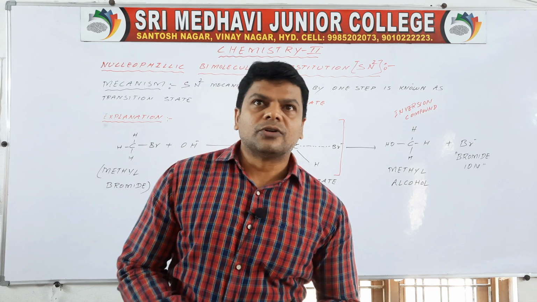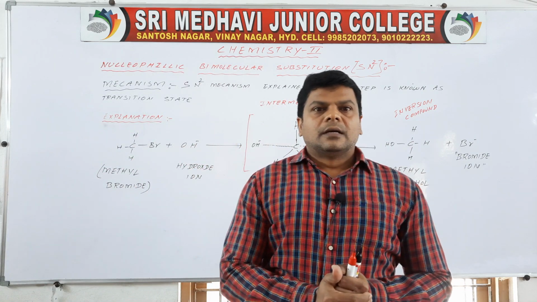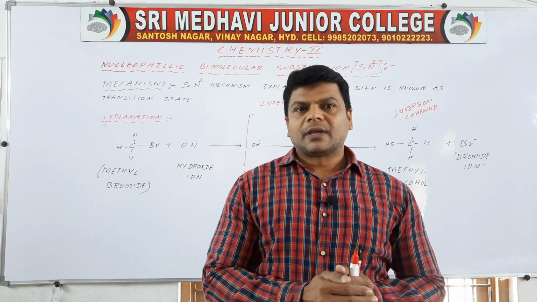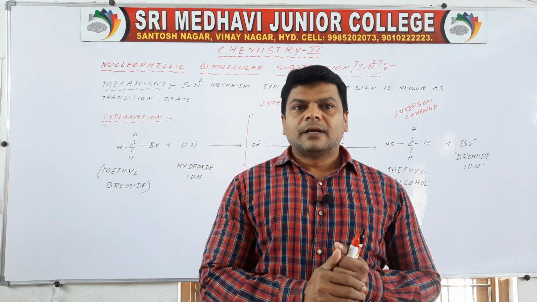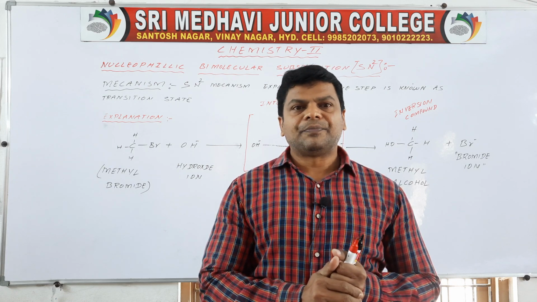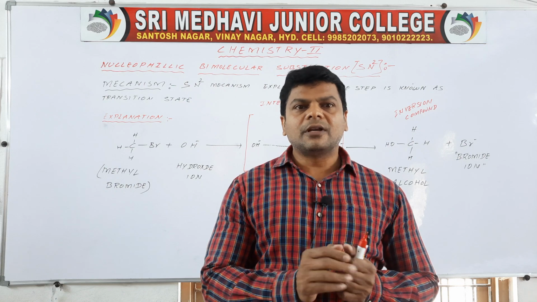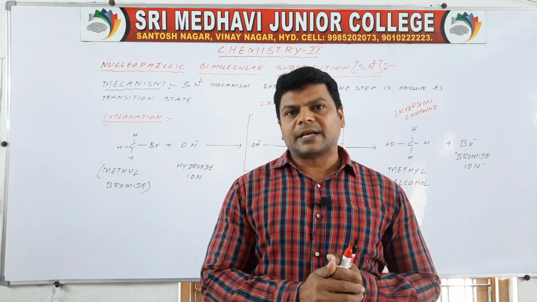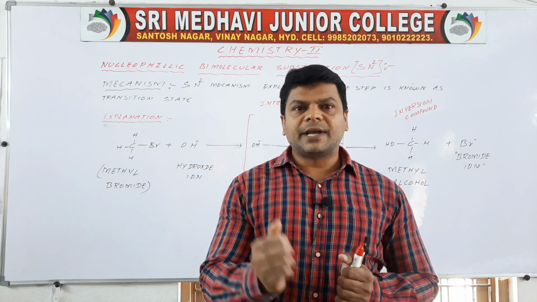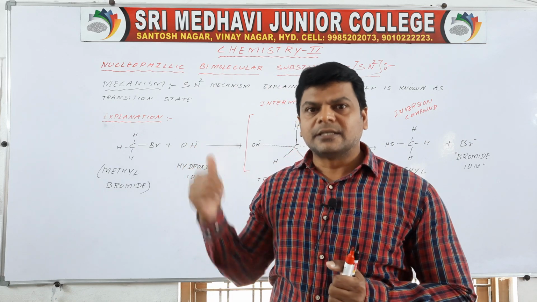So here you have to know, students, nucleophilic substitution reactions are of two types. SN1 reaction, nucleophilic unimolecular substitution reaction, and SN2 reaction, nucleophilic bimolecular substitution reaction. SN1 was discussed in the previous class and SN2 we discussed now.